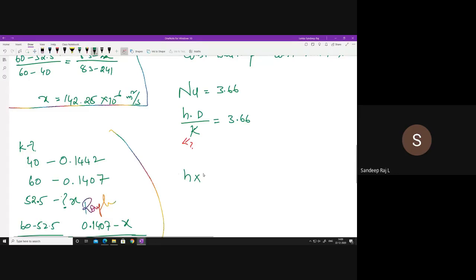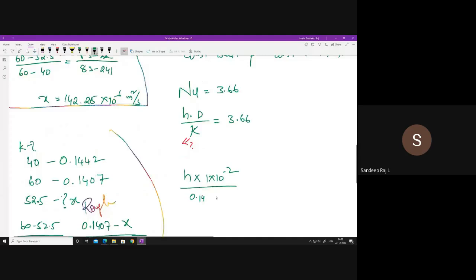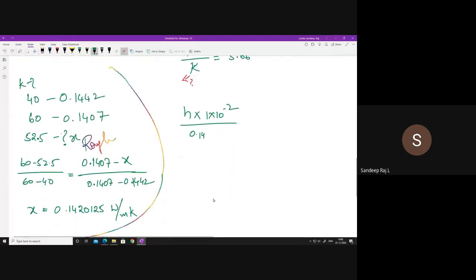So the h value is unknown. D value, you know what it is? It's given in the question as 1 centimeter, 1 into 10 to the power of minus 2 meter, divided by the k value 0.1420125, is equal to 3.66.